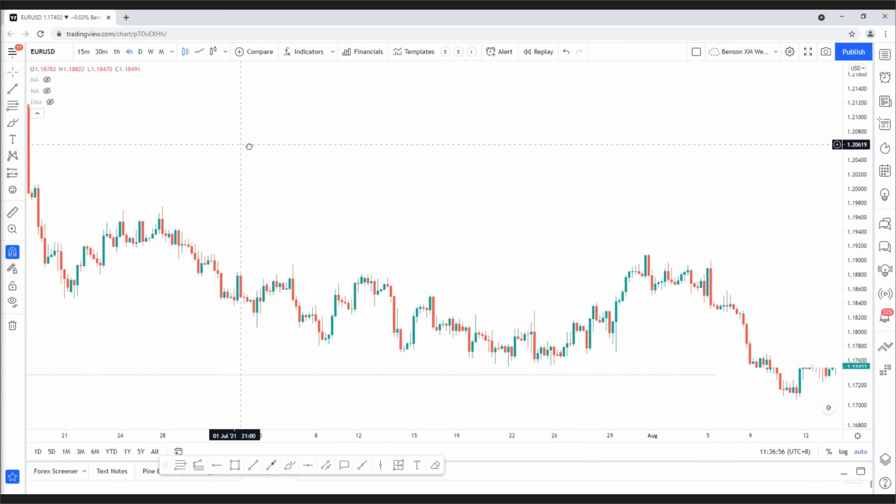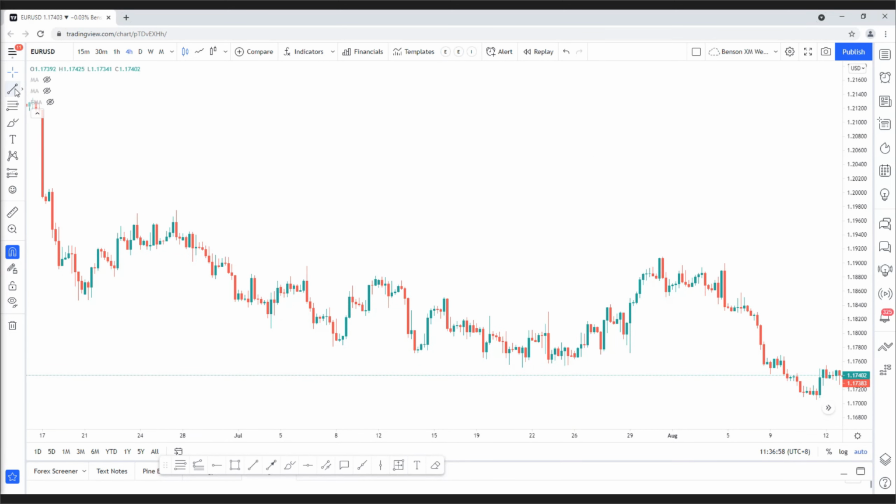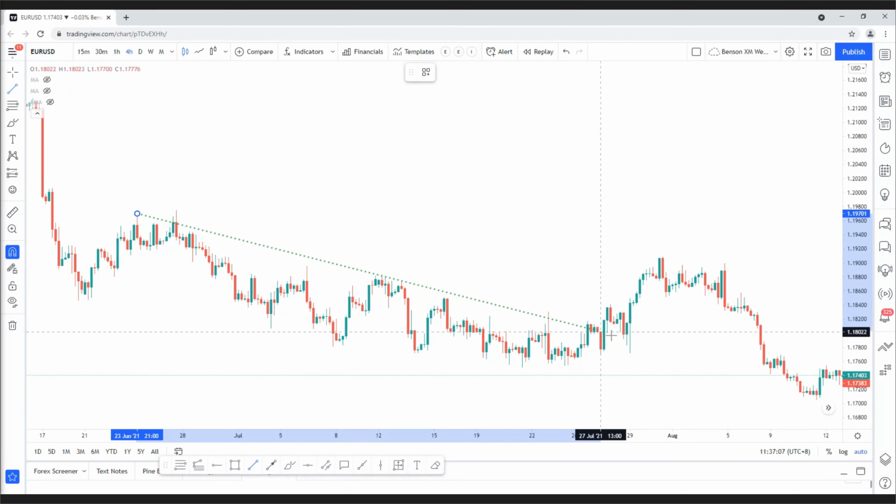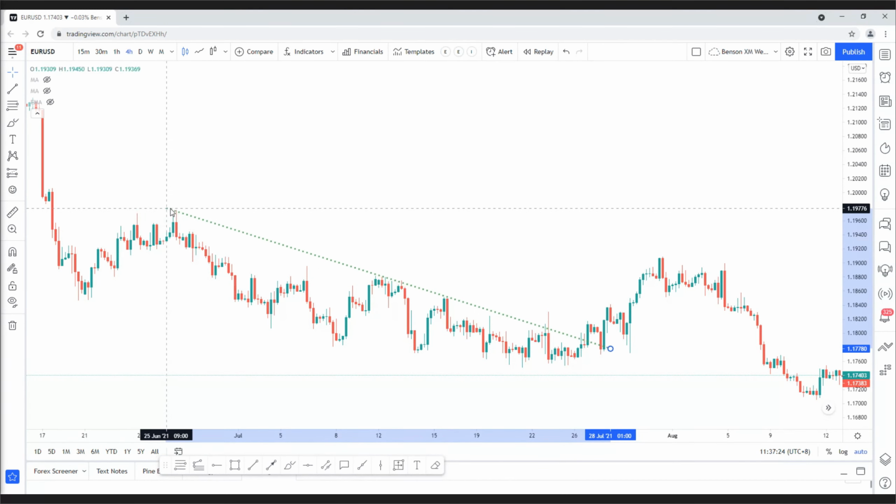This is one of the wedge patterns that was previously formed in EUR/USD itself. Let me just draw it out. It should be somewhere here.